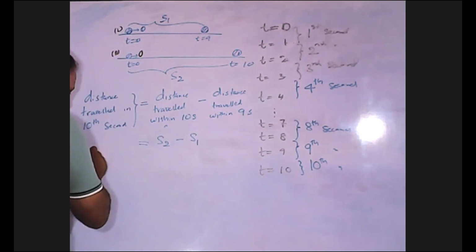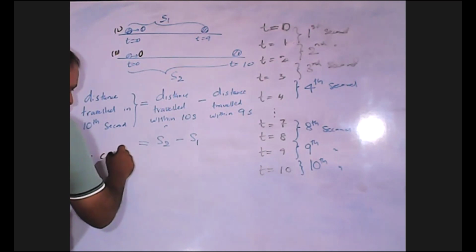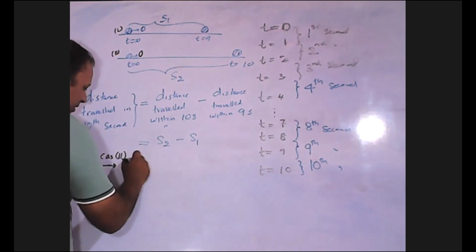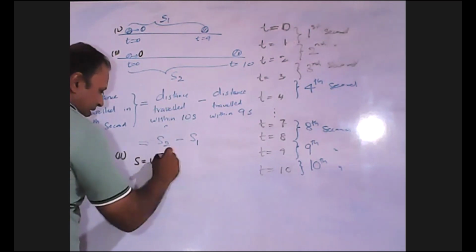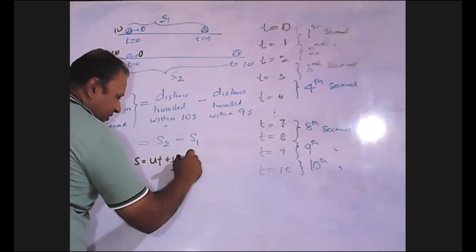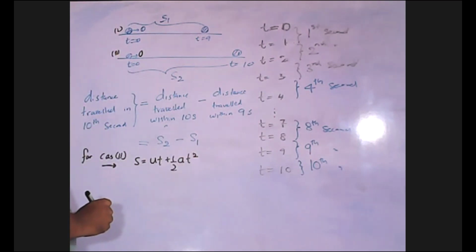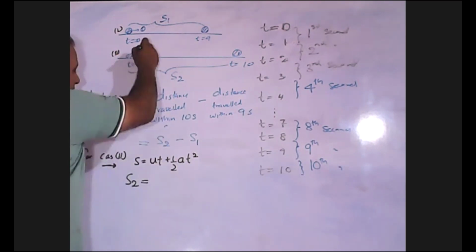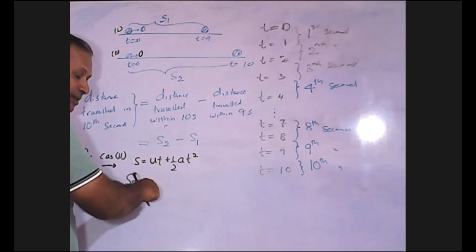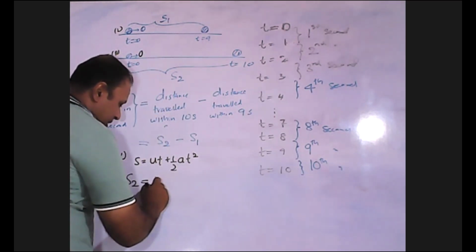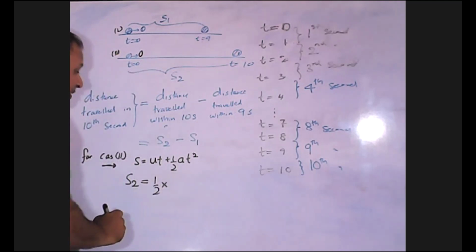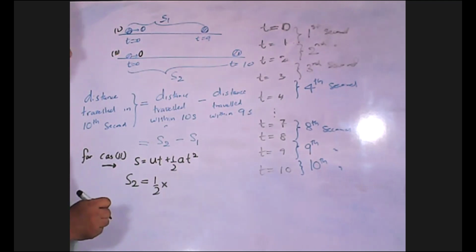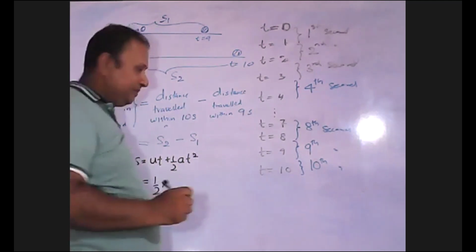For case 2, S2 is equal to ut plus half a t squared. Initial velocity is 0, so this part is 0. Half into acceleration. You have to find the acceleration, no? It should be done before this one.